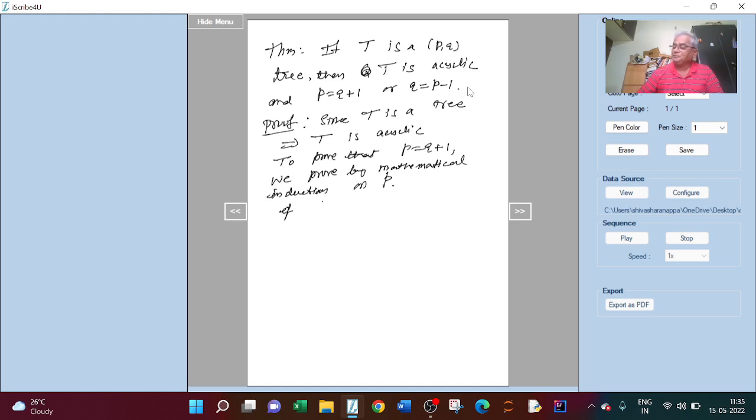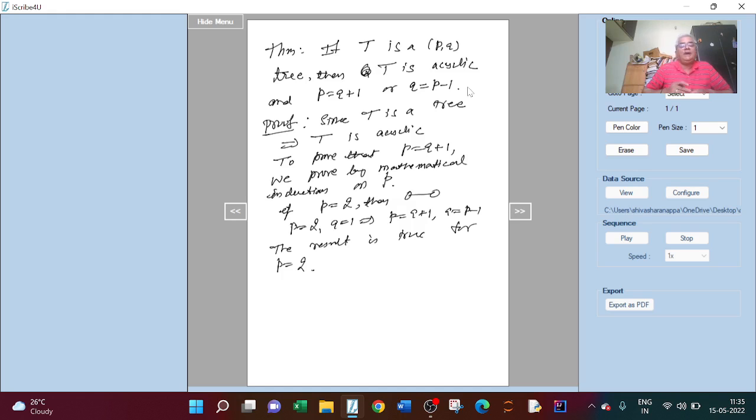Now here if P equal to say 2, then this is our graph, and here we have P equal to 2, Q equal to 1. This implies P equal to Q plus 1 or Q equal to P minus 1. That is, the result is true for P equal to 2.